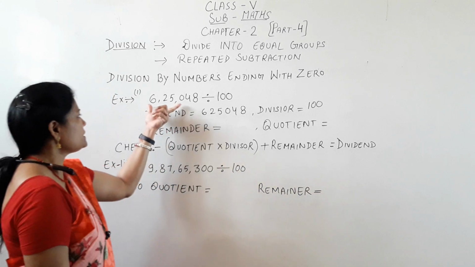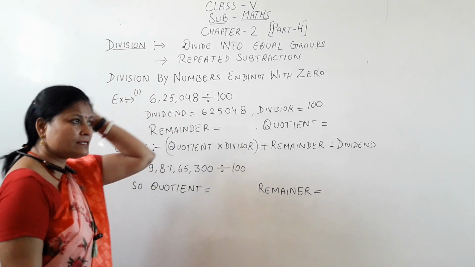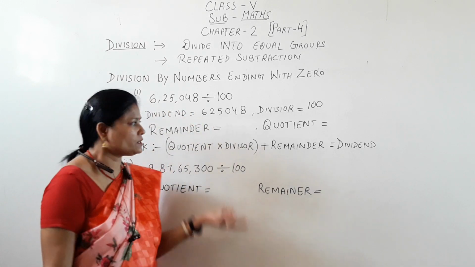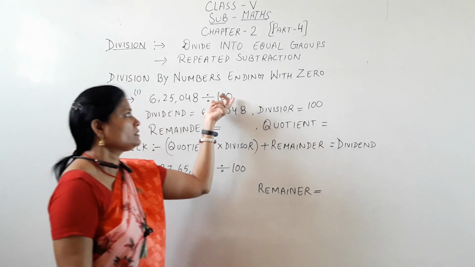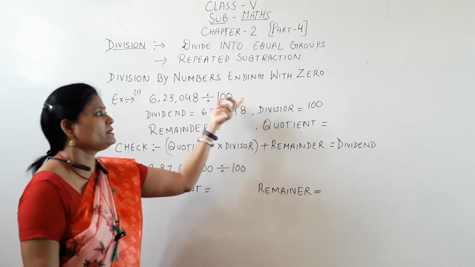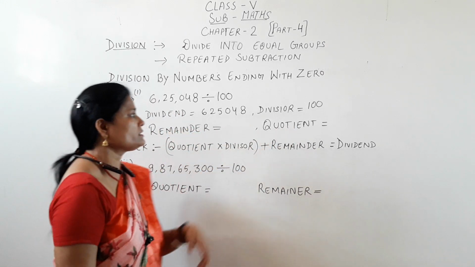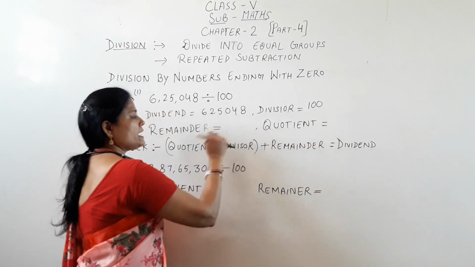See children, this number is called the dividend. What do you mean by dividend? The dividend is the number that should be divided into groups. And this is the divisor. 100 is the divisor. After that, remainder and quotient. If we divide this number by 100, we will get a quotient and a remainder.